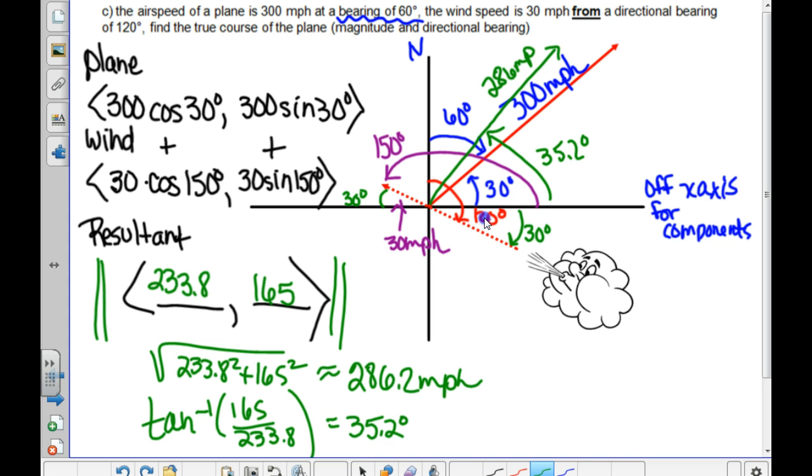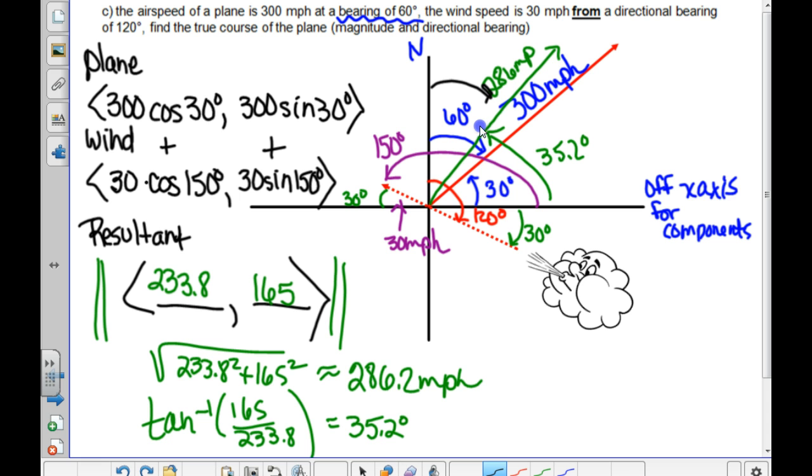We need to finish the question with a bearing. It's not a bearing right now. Well, yeah, if we could do towards north off of east or whatever, they want us to do a directional bearing. They want off of north. That's it. So just tell me off of north. What is this angle? If this is 35.2, what's this one, guys?